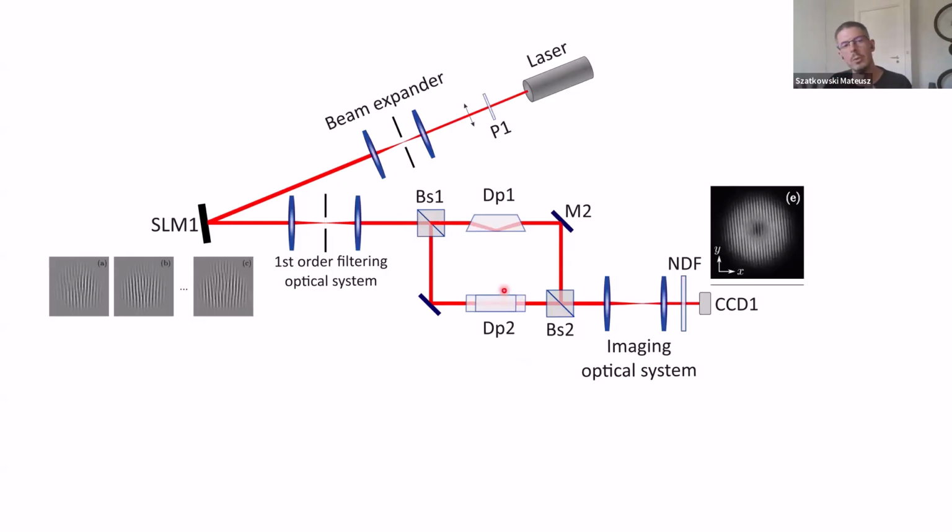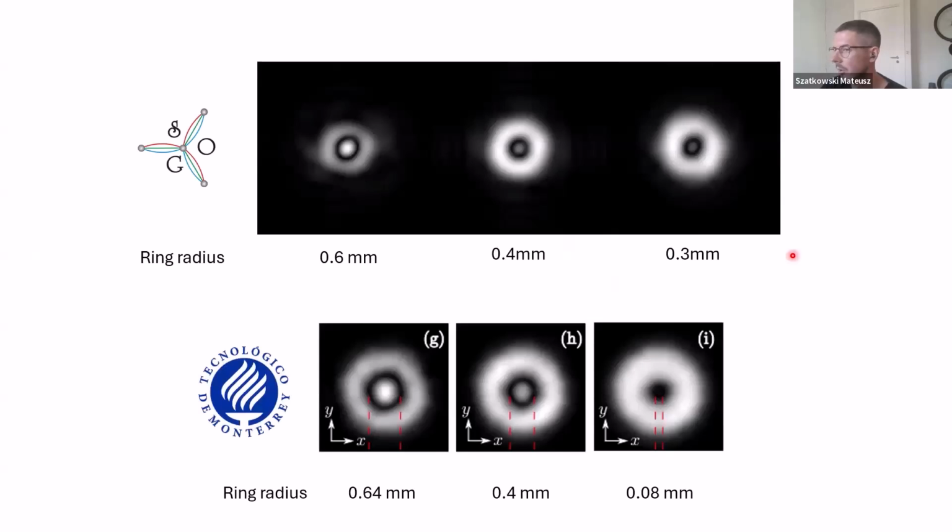The role of the Dove prism is to provide the interference between a field and its counterpart to obtain the interference fringes that we can later analyze and get the complex coherence function, the cross correlation function. So we repeat their experiment, and we can confirm that the paper is nicely written. It's easy to reproduce. So the bottom is the experimental result. The top are our results.